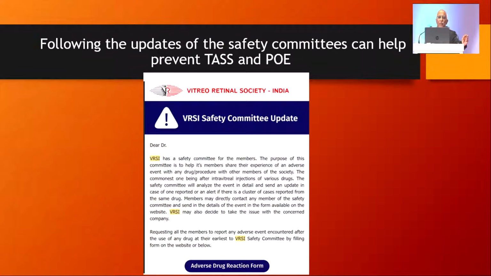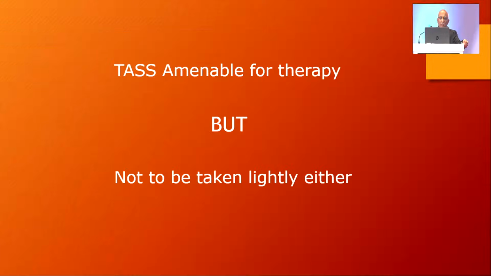So there are some updates about safety committees, which can help prevent TASS and POE. Basically, it's a platform. The committee is either the VRSI or the IIRSI, the Indian Intraocular Lens Implants Society, each of which we have to report to in case of any inflammation caused by a particular batch of drug or consumable.